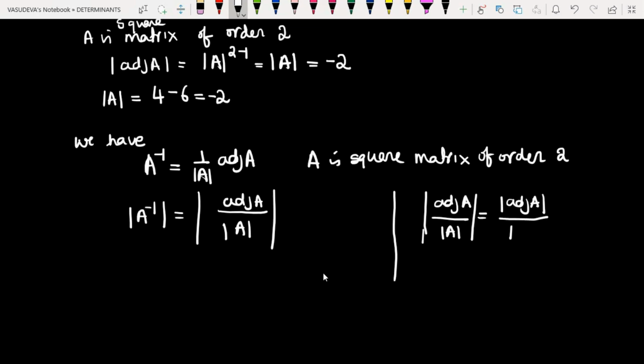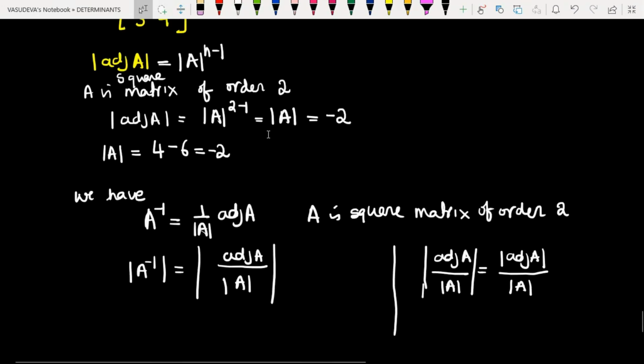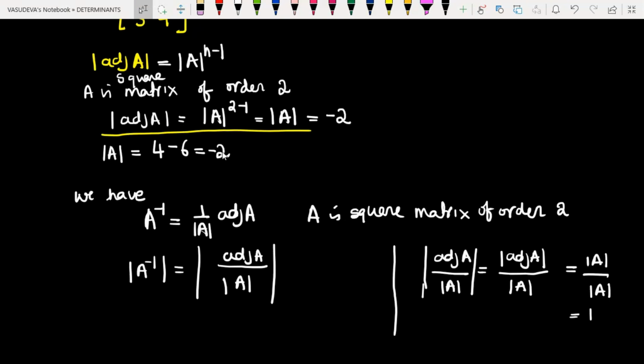Determinant of adjoint of A divided by determinant of A is taken like this: if A is a matrix of order 2, then determinant of adjoint of A is determinant of A. So therefore we conclude determinant of A divided by determinant of A is equal to 1.